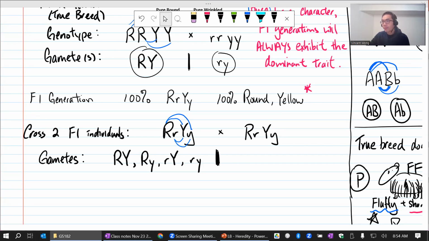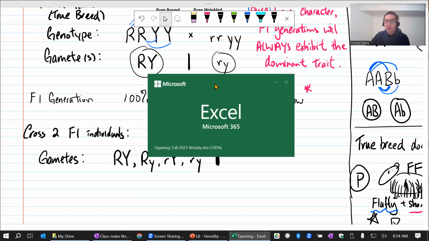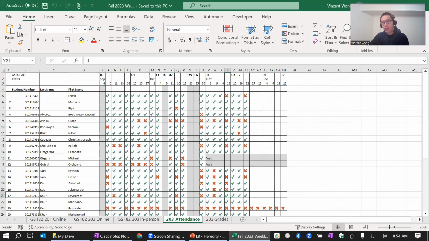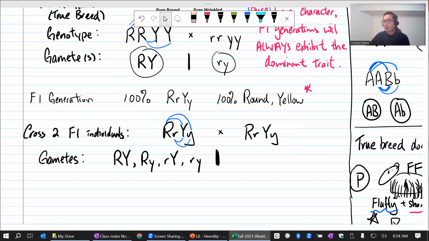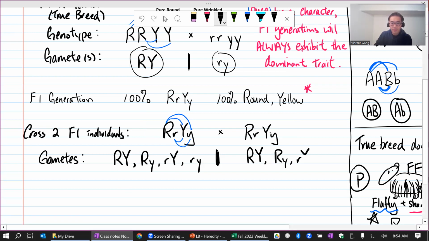Is that okay? So what about the other one? What about the other offspring? Well, the other parent, I mean, it's the same thing, right? It's the same thing. Like that. So 4 gametes.